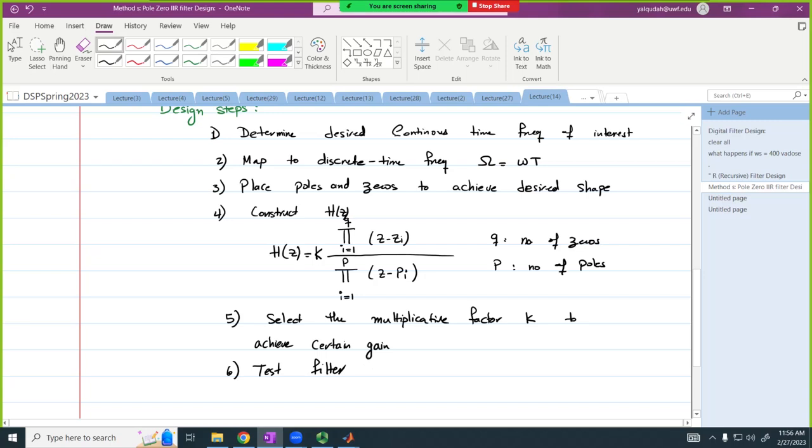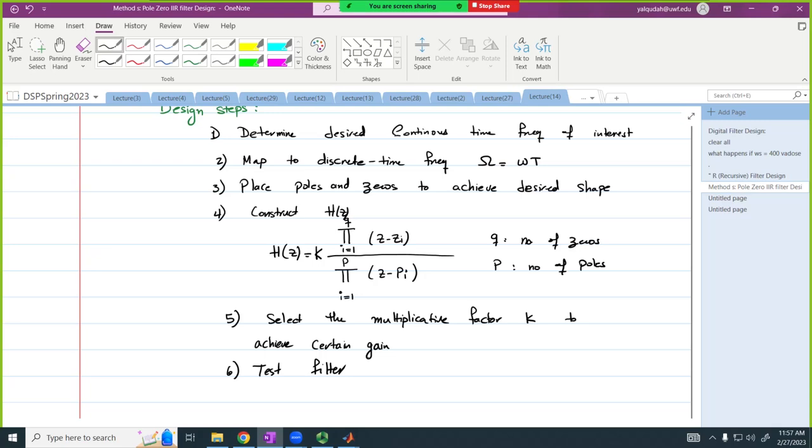So is the number of poles and zeros the order here? Like the order of the filter? What determines the number of poles in the transfer function? No, but it's a Q. Okay.